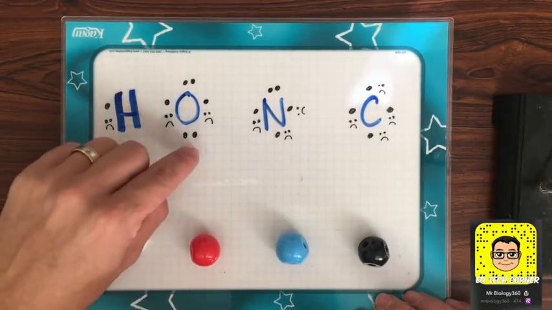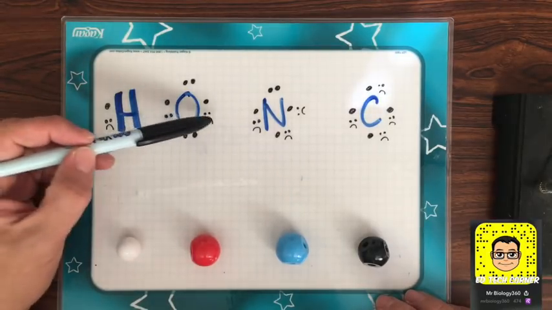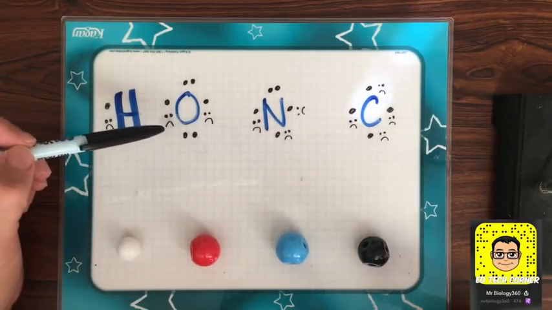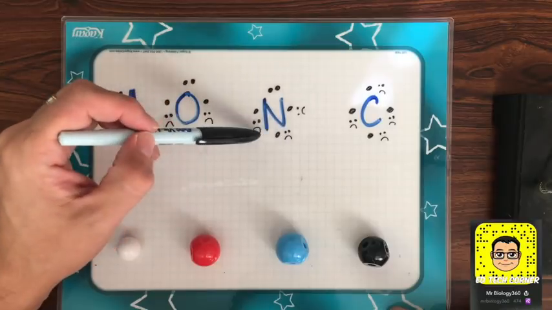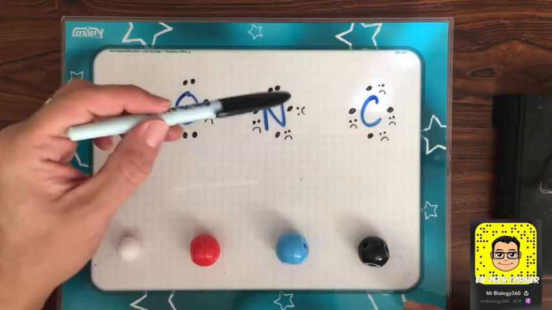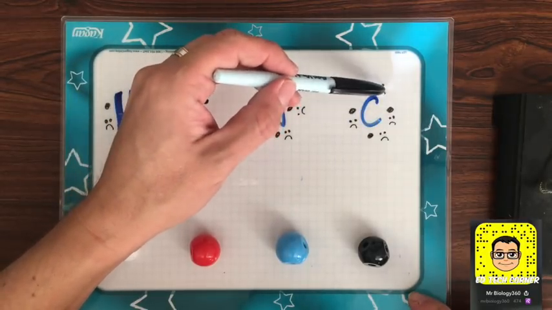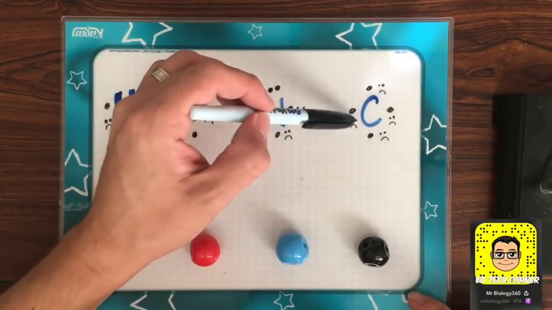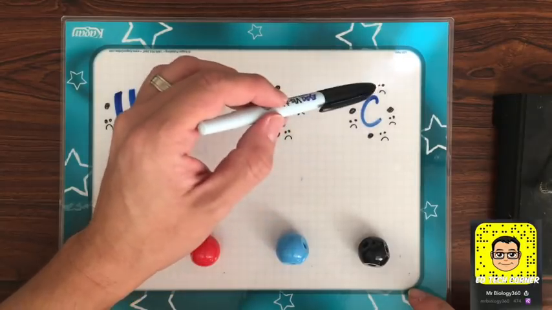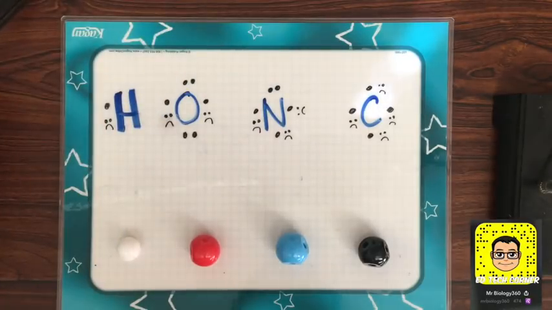Oxygen is missing 2 electrons, so it's going to connect with 2 other atoms to get those 2 electrons. Nitrogen is missing 3 electrons, so it's going to bond with 3 other atoms to get the 3 electrons that it's missing. And finally, carbon is missing 4 electrons, so carbon is always going to connect or bond to 4 other atoms to get those 4 electrons that it's missing.